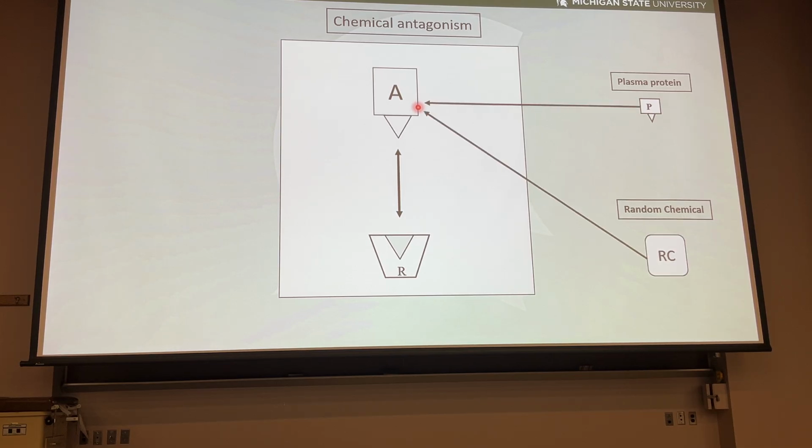So chemical antagonism is some non-drug agent that binds to the agonist and prevents it from binding to the receptor. Chemical antagonism, non-drug entity that binds to an agonist, preventing it from getting to its target receptor.